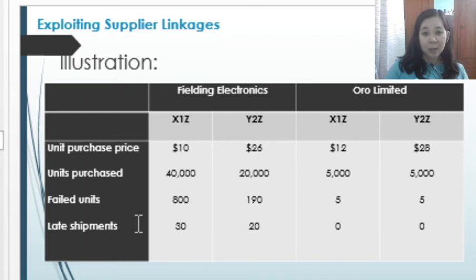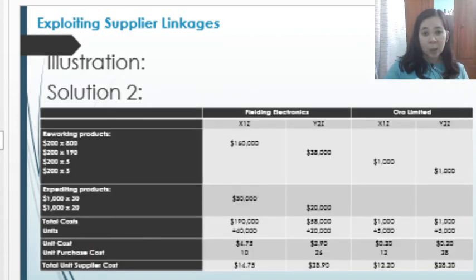This is our cost driver, or the activity that creates the cost for both these two components. But here it's under fielding electronics only. So based on the data, there is no late shipment when it comes to Oro Limited.